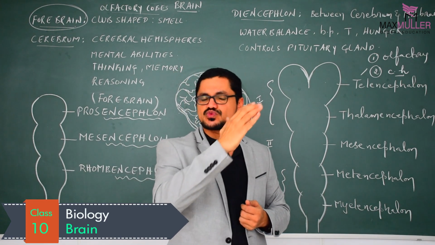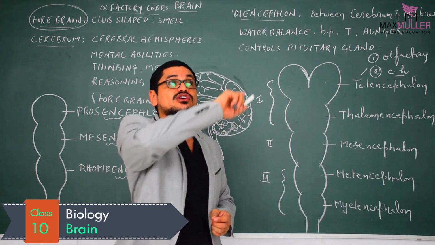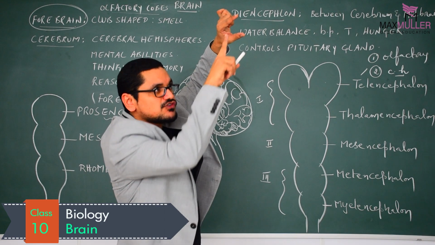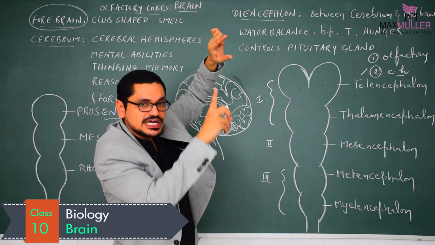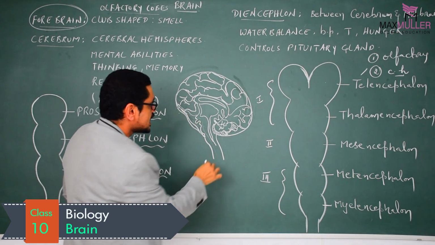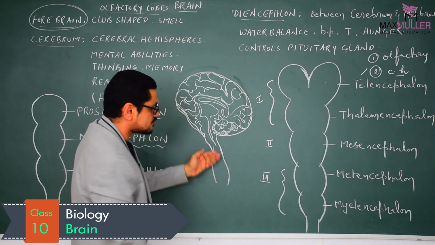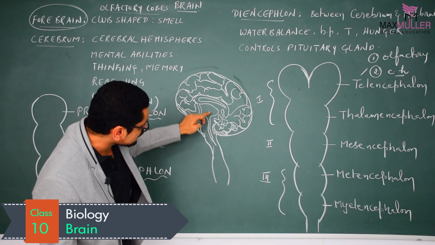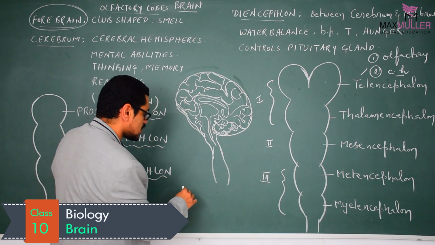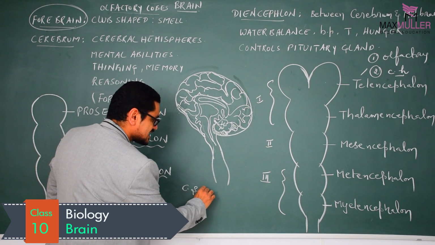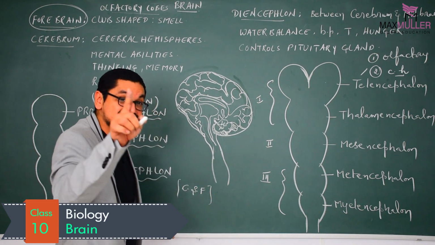That empty space is very important for the circulation of one fluid. One fluid circulates between the brain and spinal cord. Imagine here, this is the continuation of the spinal cord. There is a fluid which circulates between the brain and spinal cord. You know quite well what it is: CSF.